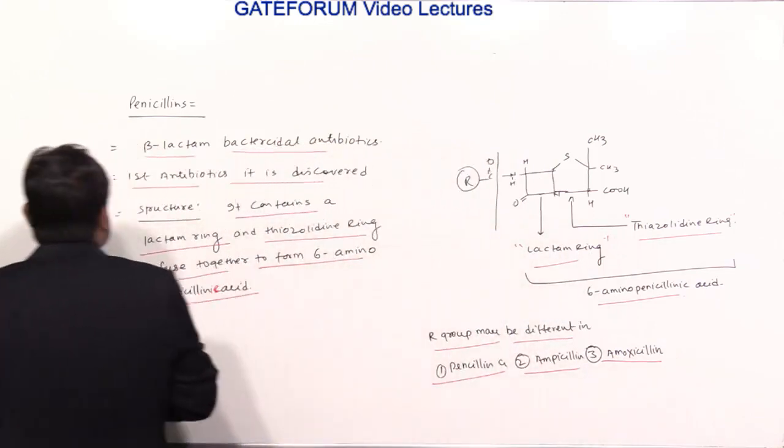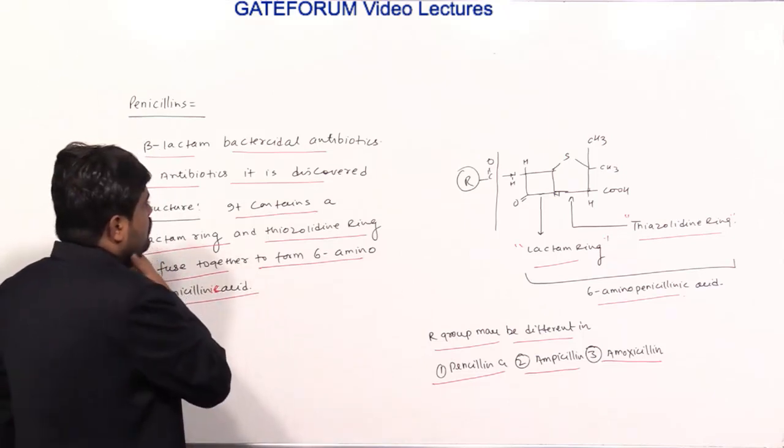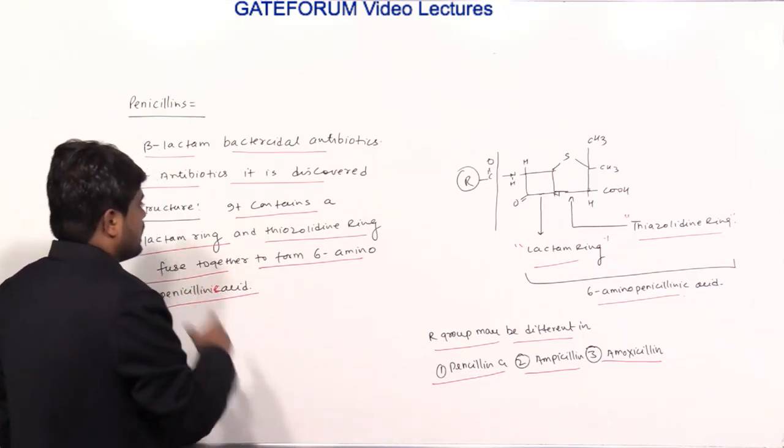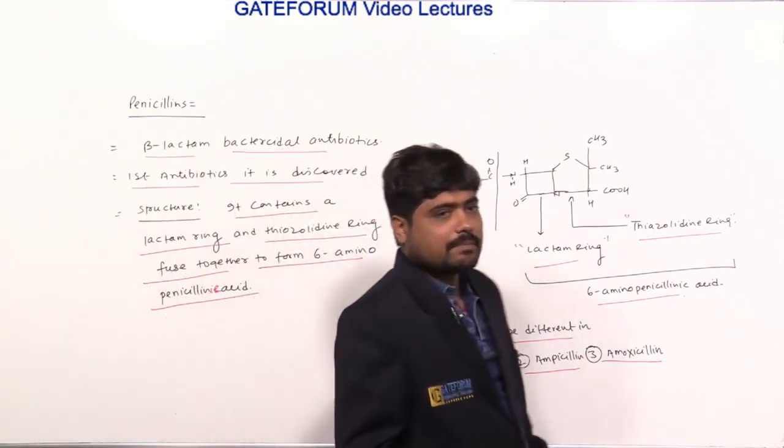So the first point is that penicillin is a beta-lactam bactericidal antibiotic. Then I am going to explain the action of the penicillin.